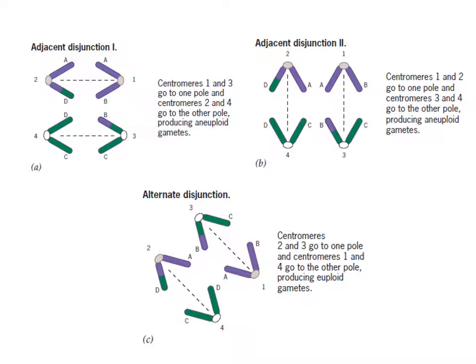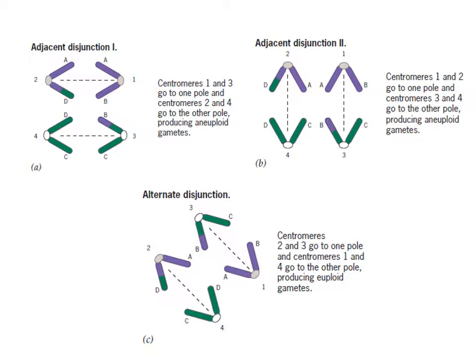In all the three cases, you can find second and third chromosomes are involved in the rearrangement, but these different types will tell us to which side the chromosomes are pulled apart. In the first case, centromeres 1 and 3 will go to one end, whereas 2 and 4 will go to the other end.